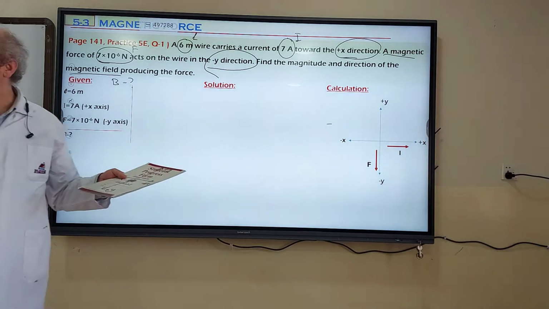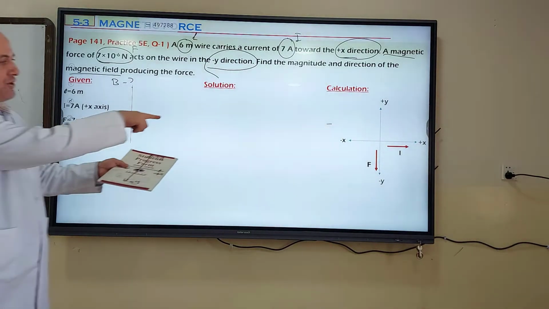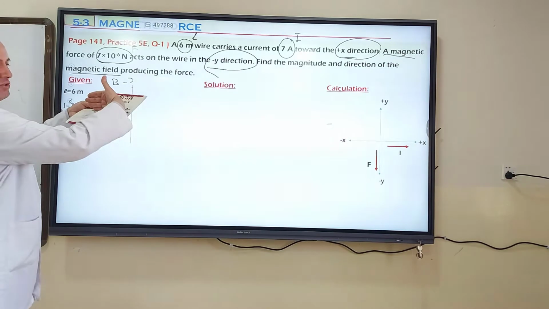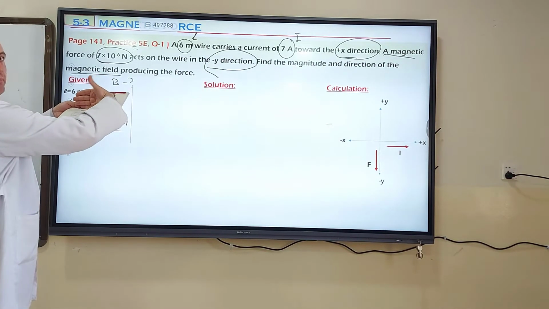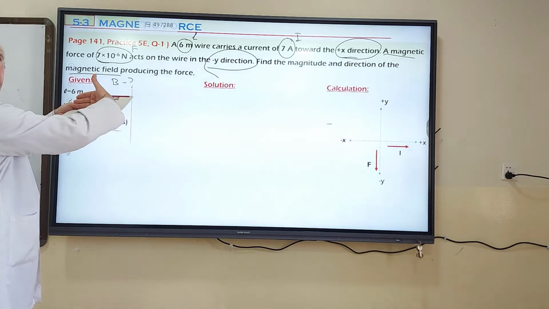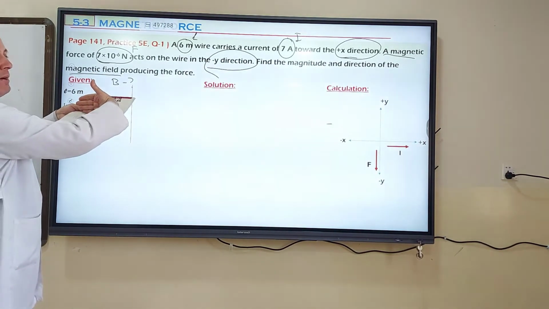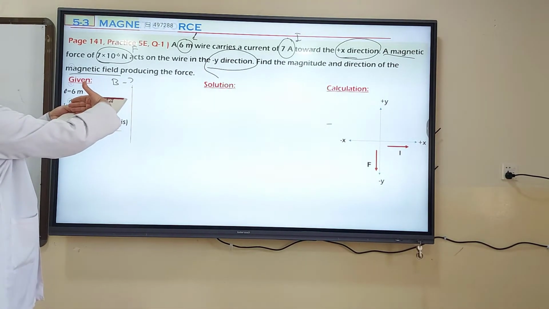If the magnetic field is the question, first you should start with the force. The magnetic force is in the negative Y direction, so my palm will show the negative Y direction. You see that? Negative Y direction. But next step, thumb. My thumb is wrong now. My thumb is showing out of the page, which is positive Z. But the question says it is in the positive X direction.